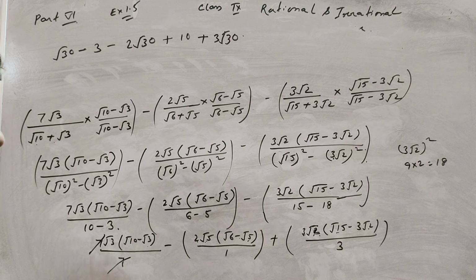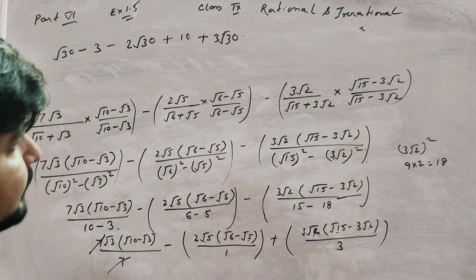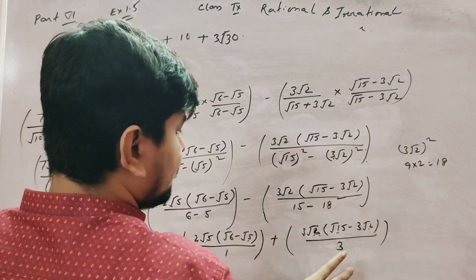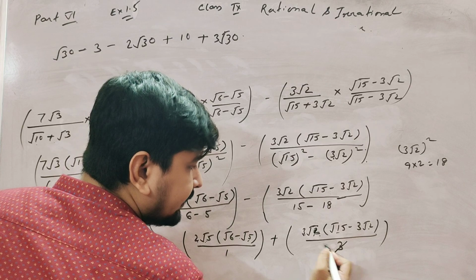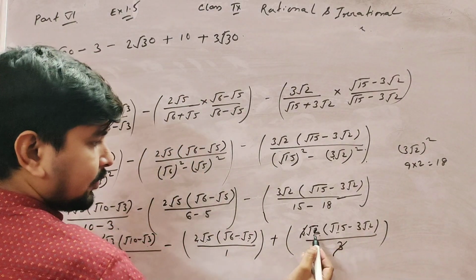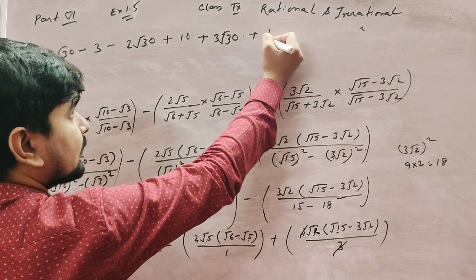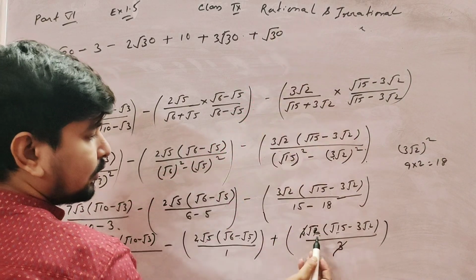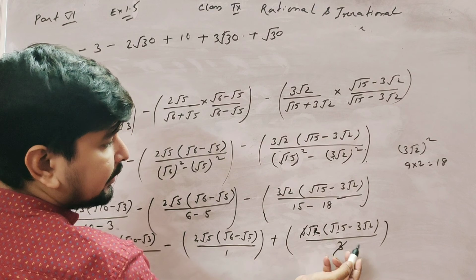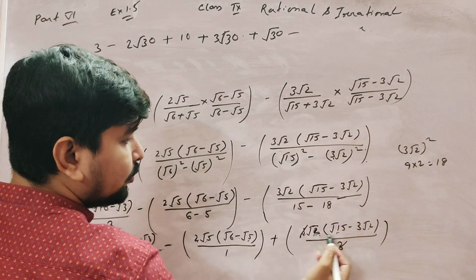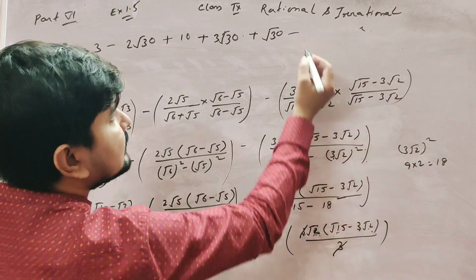Root 3 root 2 root 15 plus 3 root 2. Okay. Oh, so here 3 also cancels. Okay. So root 2 into root 15, it's plus root 30, root 2 into root 15, root 30, minus root 2, 2 and 3 are 6.